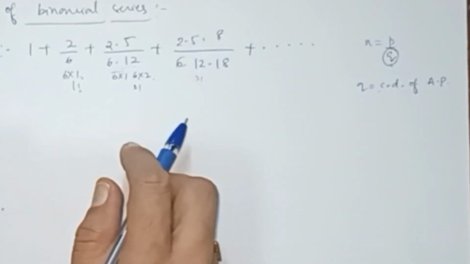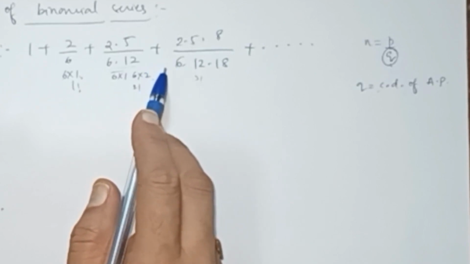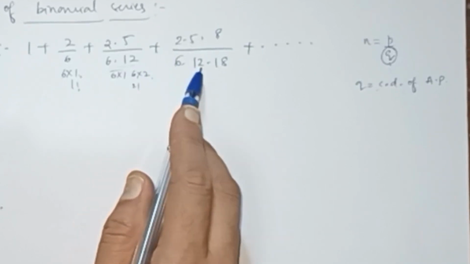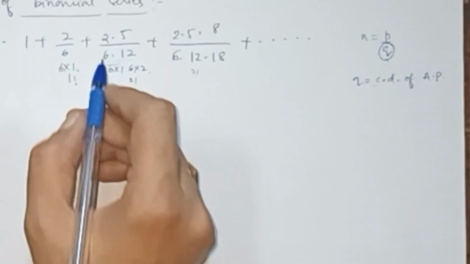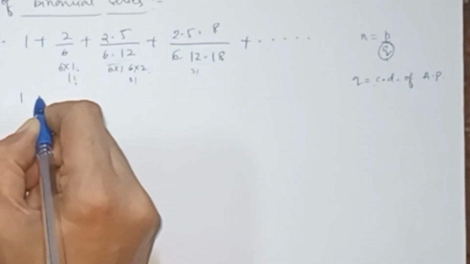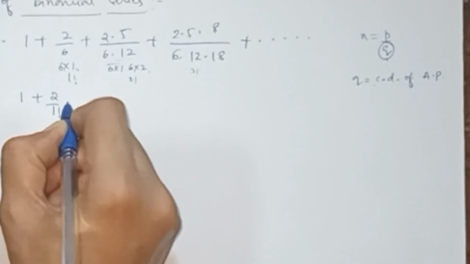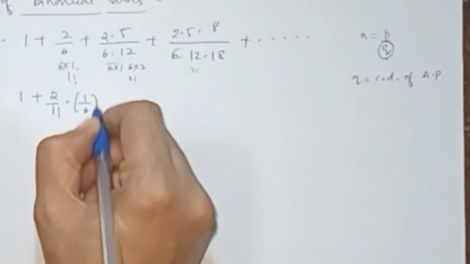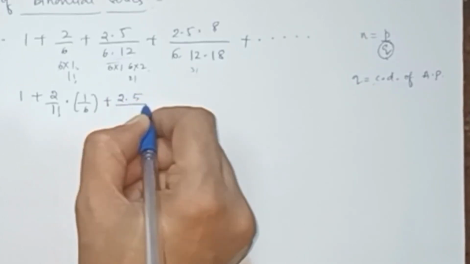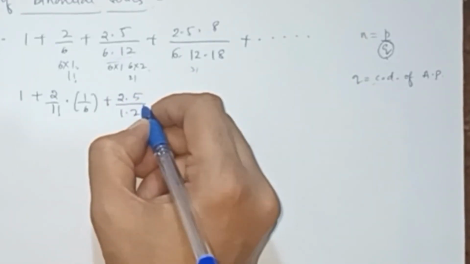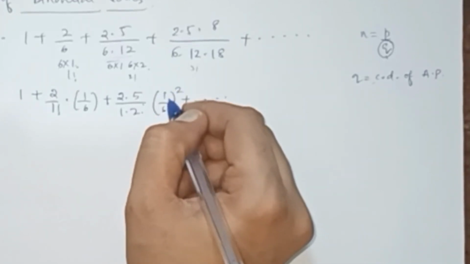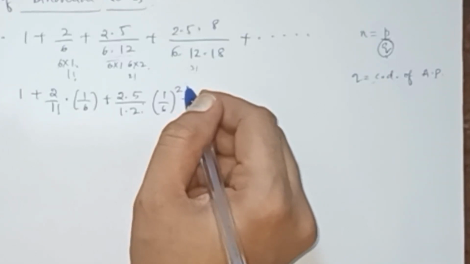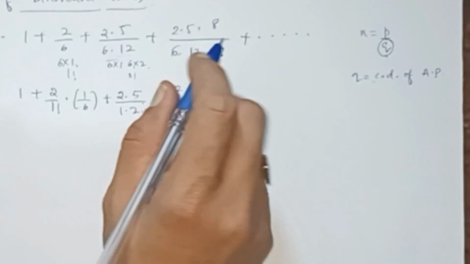Next, one more feature is that the power of x by q in each term is equal to the number of factors in the numerator and equal to the factorial number in the denominator. See, for example, if I write it in this form, 1 plus 2 by 1 factorial into 1 by 6 plus 2 into 5 by 1 into 2 into 1 by 6 whole square plus so on. So here it is x by q. The power of x by q is equal to the number of factors in the numerator.